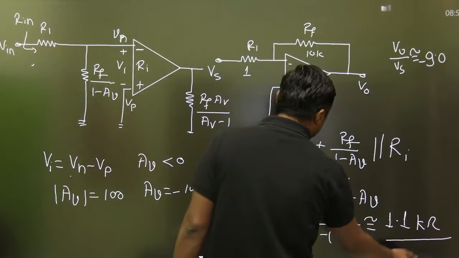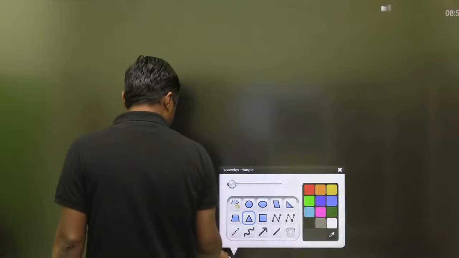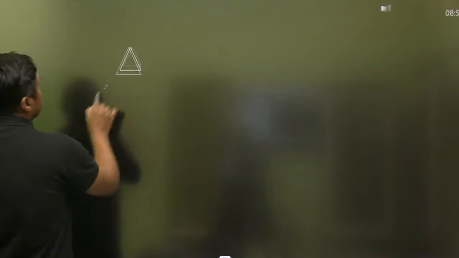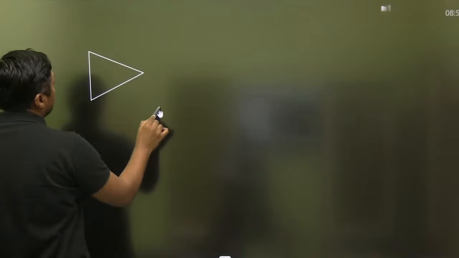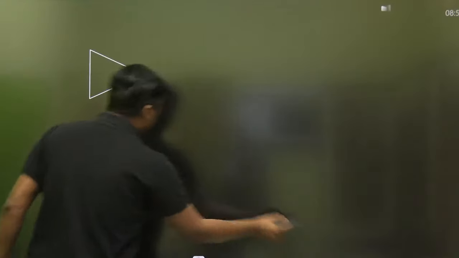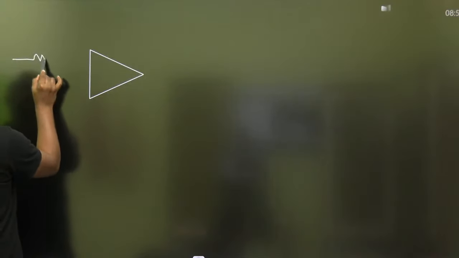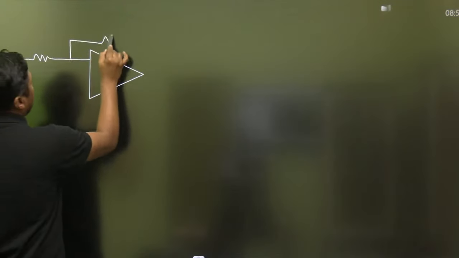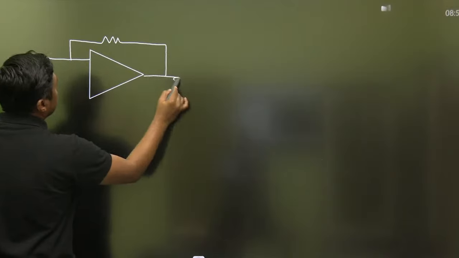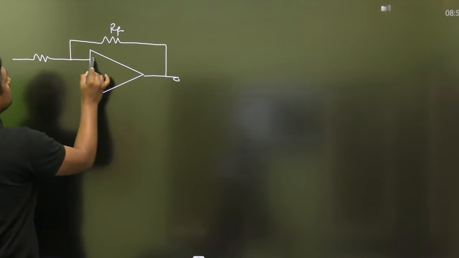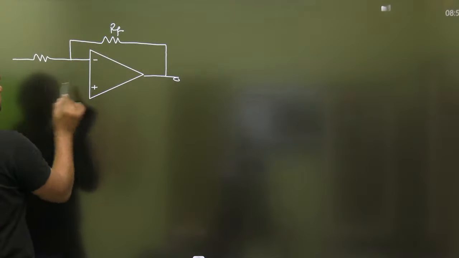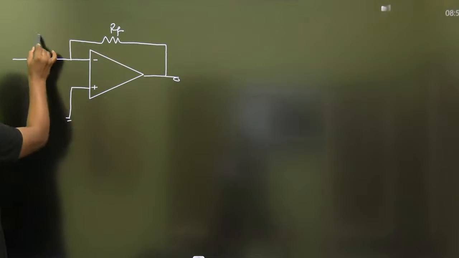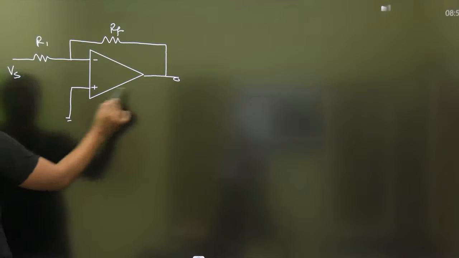Suppose everything is given, R0 is given, R1 is given, and so on. Just watch this last question. For an operational amplifier, this is R1, this is Vs, this is V0.